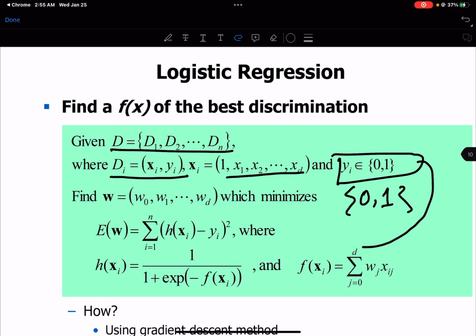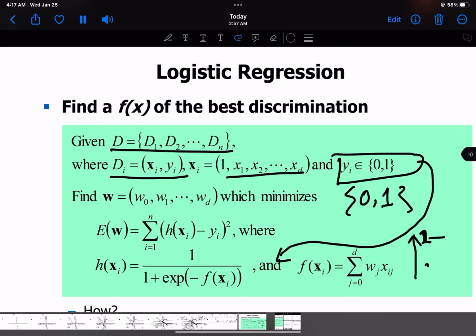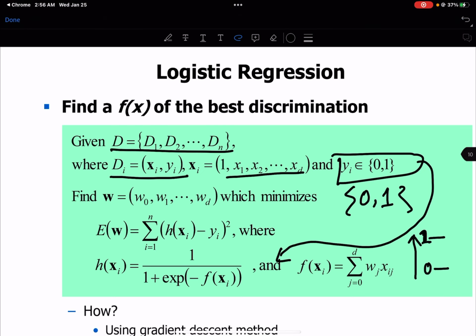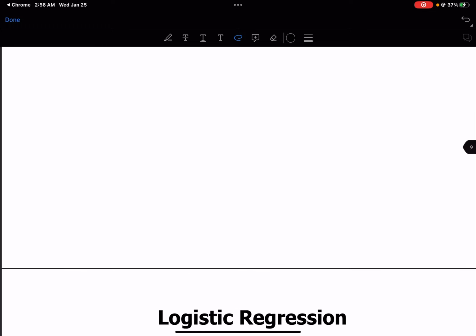And then we define a soft classifier where we say the closer the value is to 1, we say it is red, and the closer it is to 0, the more it is below the line, we say it is classified as blue or 0, and red or 1 here.